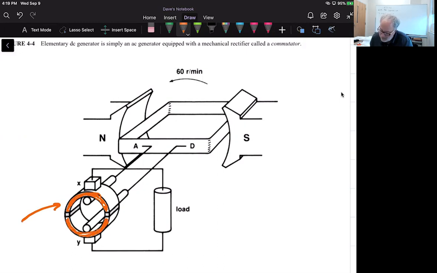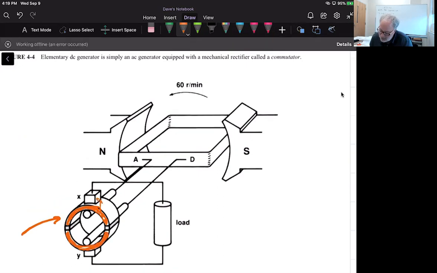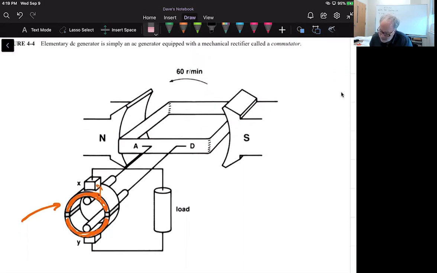Well, between those two solid conductive points, there is another section that is not conductive. So basically what you have is a section here and a section here, separated by these two non-conductive segments. Okay, so just hold on to that for a second.